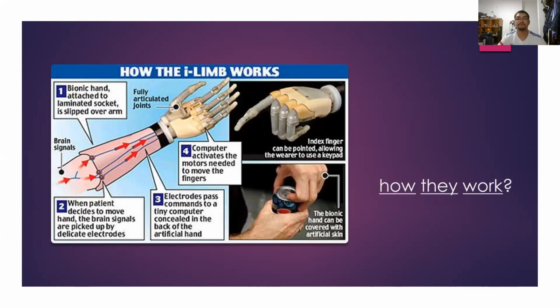In this case, the socket receives these messages from the muscle and transforms them into an electrical pulse that goes to the little computer that we have in the hand, and this computer transforms the electrical pulse into mechanical movements. In this case, in the image, we can open the Pepsi.